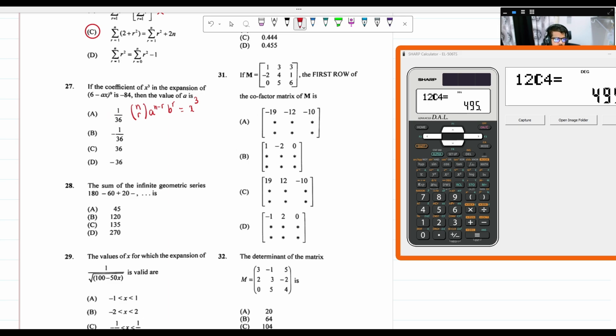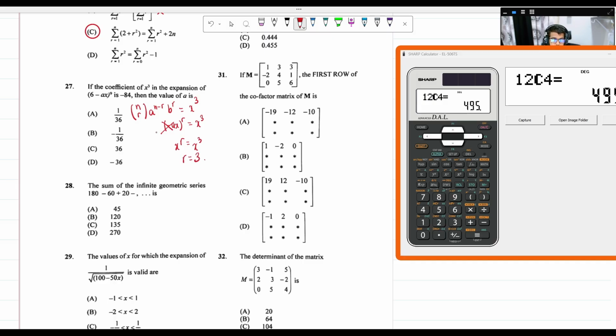What's going to make a difference is minus ax to the power of r is equal to x cubed. I'm not even concerned with the minus a. x to the r is going to be x cubed, so r is going to be 3.